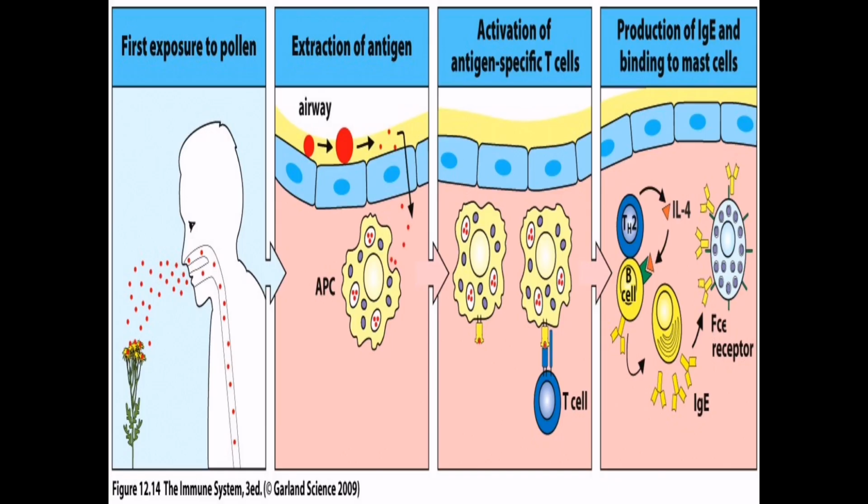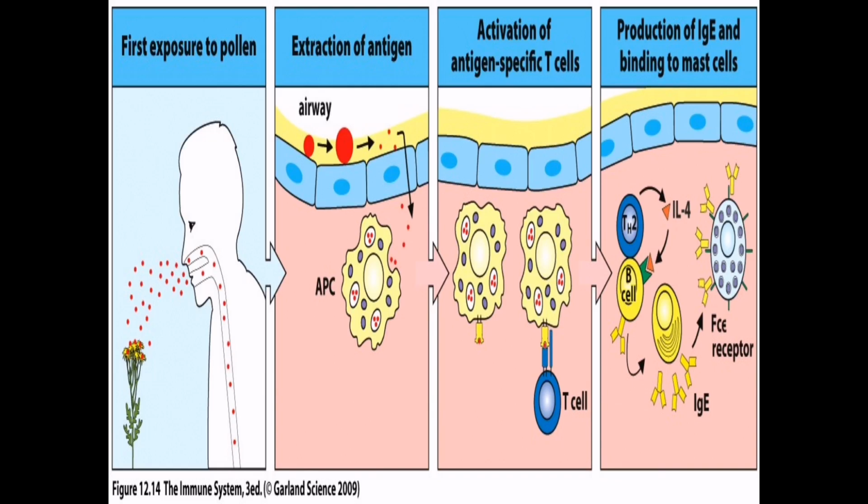Here in this picture, this is the first exposure to pollen, to grass pollen. As you know, when the antigen or the foreign substance enters the body, it will be taken by an antigen presenting cell.